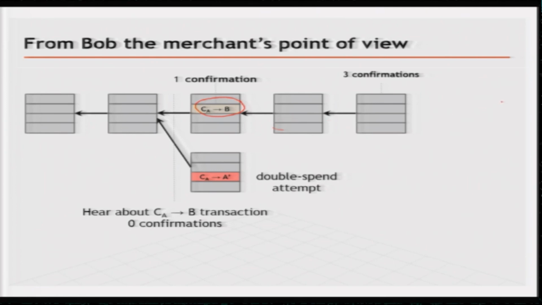Normally in Bitcoin, until 6 confirmations you do not ship your merchandise. We will see later that it takes about 10 minutes for one new block to be mined. So, 6 confirmations will take 60 minutes.